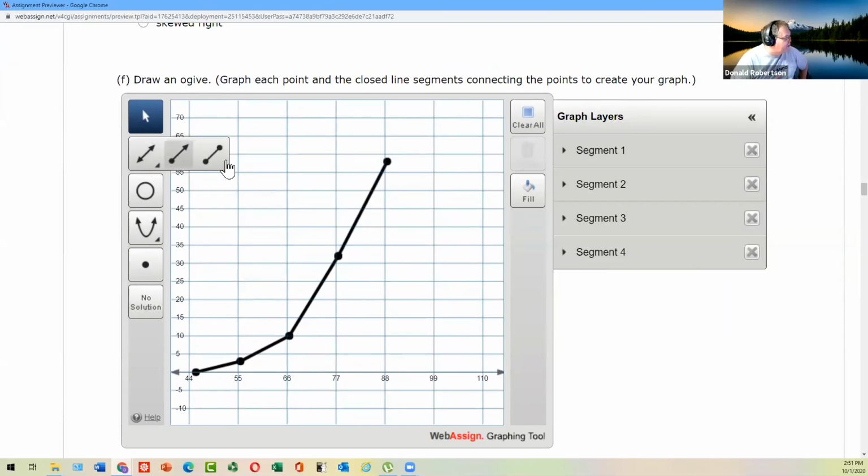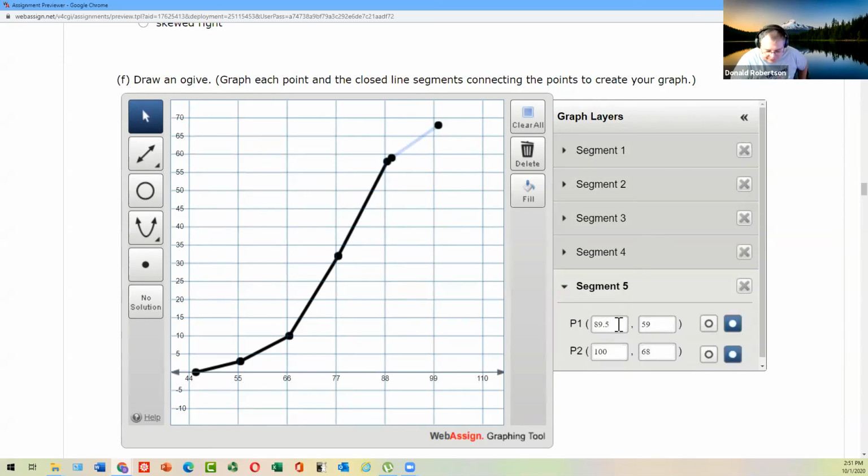Keep going, we've only got a couple left. There's the 88.5 guy, and that now goes to 99.5, 67. That's miles away. 99.5, 67. It's about here. Let's fix it.